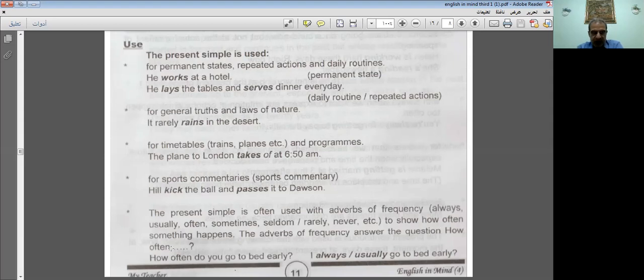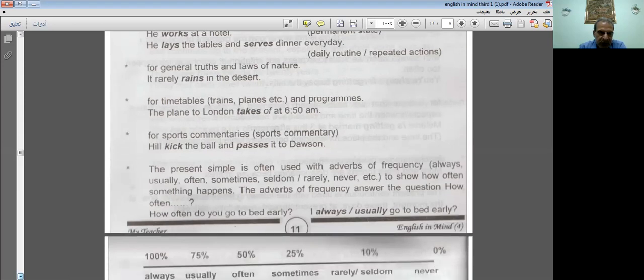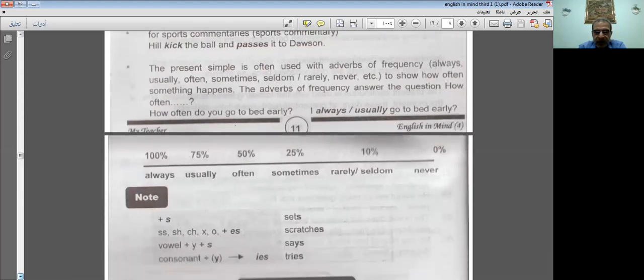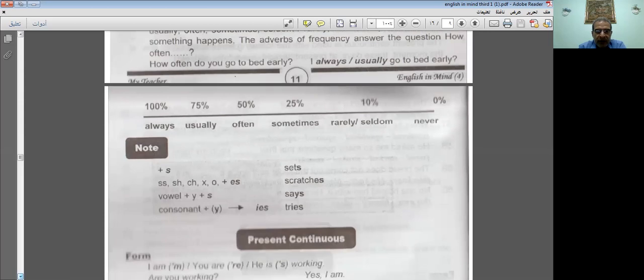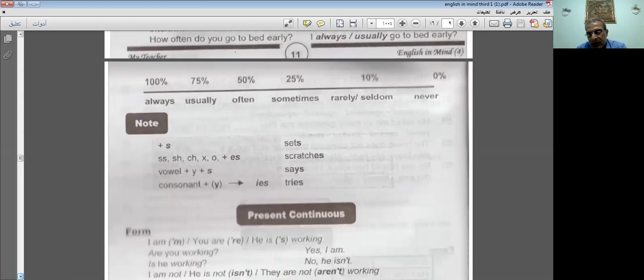For example, if there is a question starting with how often, you can use these adverbs to answer. How often do you go to bed? I always or usually go to bed early, something like that. Remove the question mark, but you should put a full stop. Okay, always, usually, often, sometimes, rarely or seldom, never.